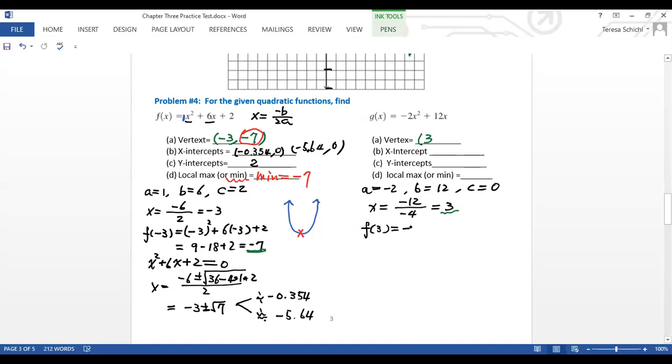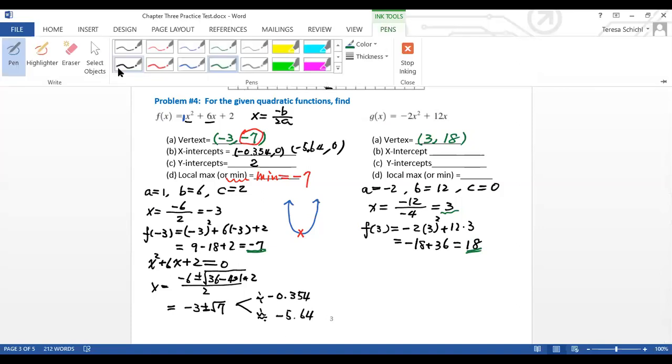So 3 here, you will say negative 2 times 3 squared plus 12 times 3, so negative 18 plus 36. So what is here is 18. Very good, right? So now I know my vertex here is 18.